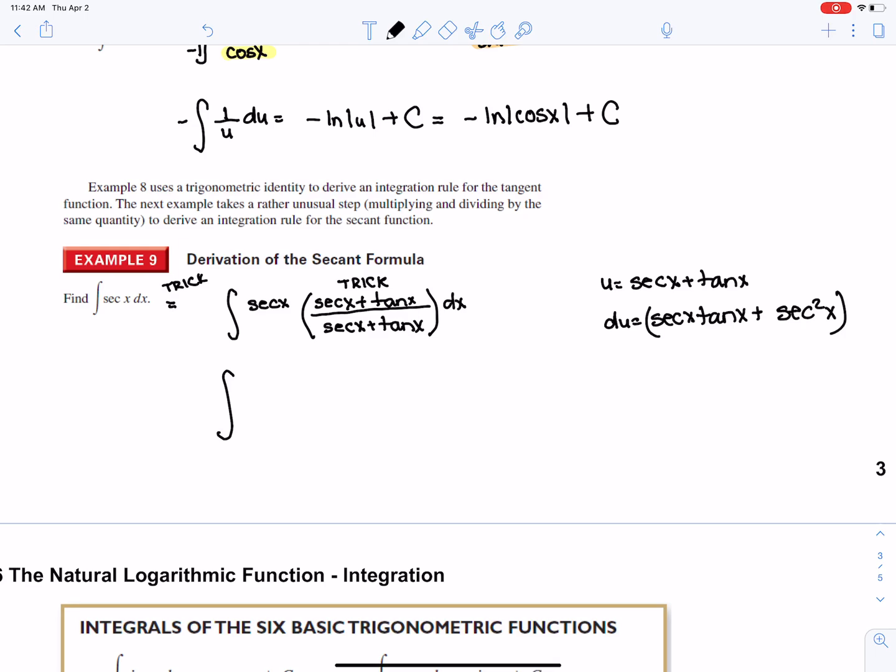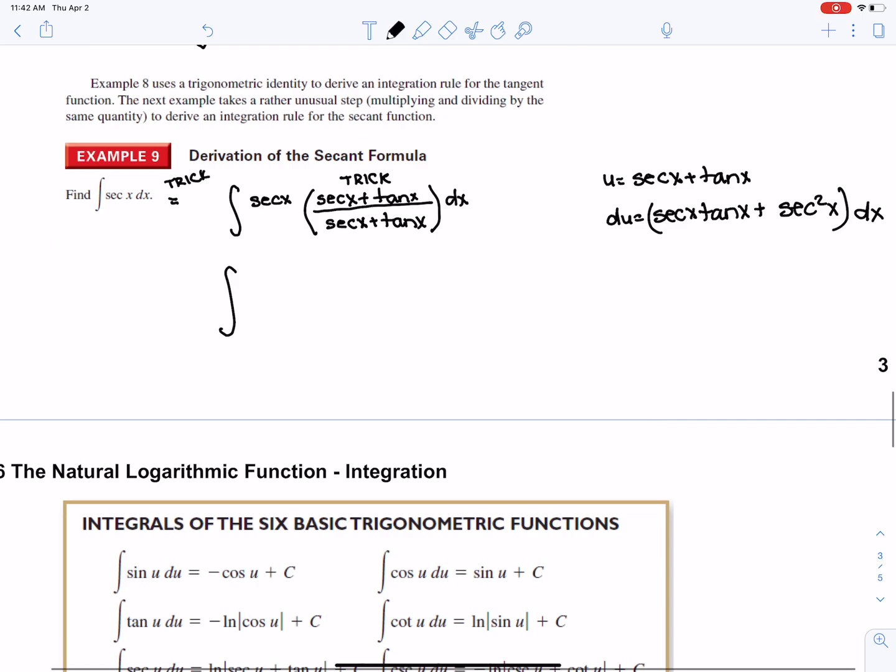I'll put the dx on the left and multiply it to the right, so there's my dx. If you look at the numerator and I distribute this out, I get sec squared x plus sec x tan x, which is actually my derivative term. So this orange part ends up being my exact numerator, so I'm going to call this du.